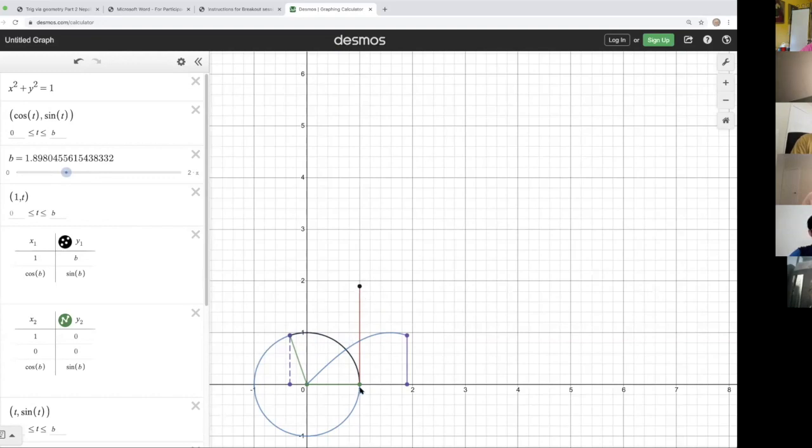When I move B, it moves this point on the unit circle. It extends the arc around the unit circle. It moves this vertical segment, which is just tracking along. We're sort of dropping a perpendicular from the unit circle to the x-axis. So it's another passenger on the bus. And I'm the tour guide.